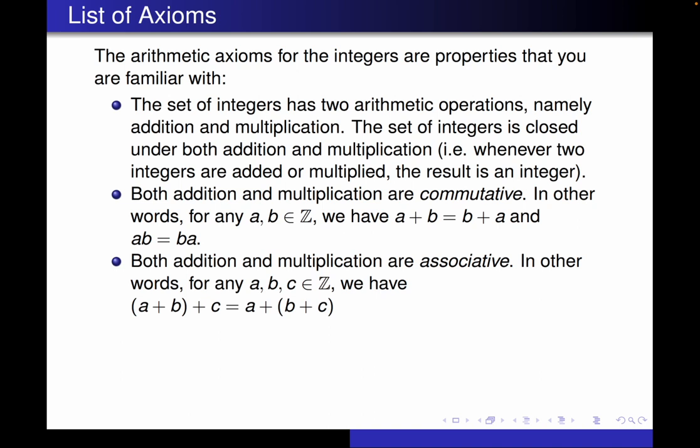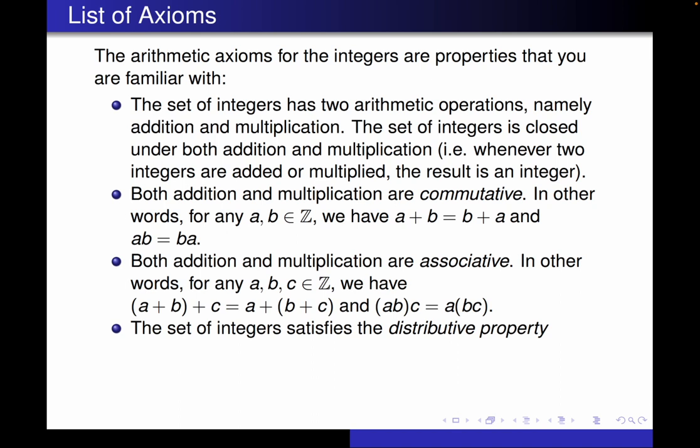For addition, for instance, we can either add the first two, take that result and add it to the third, or we can add the last two, take that result and add it to the first. Well, it turns out with the associative property that doing either of those gives you the same result. So (a plus b) plus c is equal to a plus (b plus c). And similarly with multiplication. (A times b) times c is equal to a times (b times c).